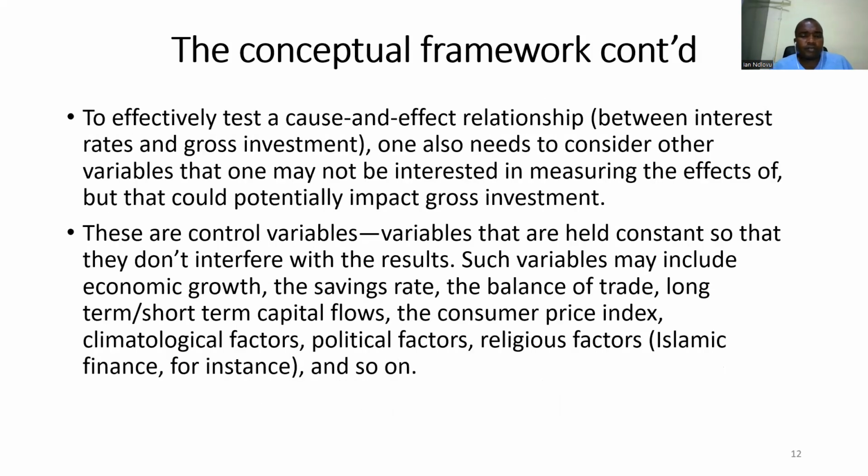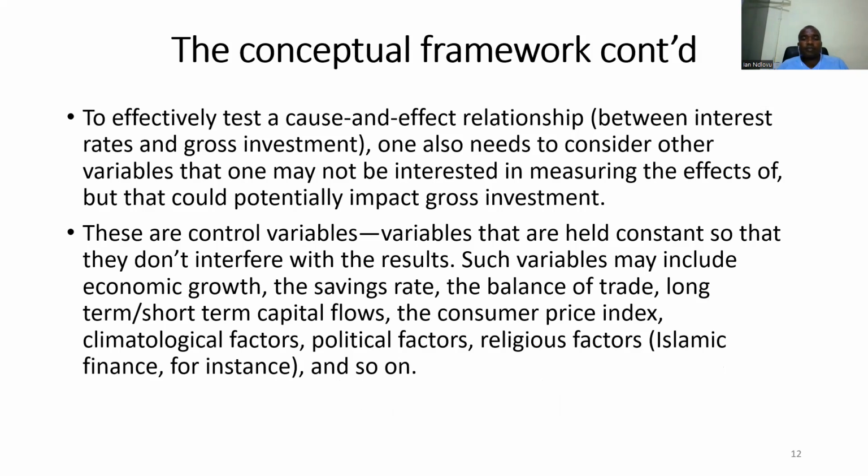To effectively test a causal relationship between the interest rates and gross investment, one also needs to consider other variables that one might not be interested in measuring the effects of, but that could potentially impact gross investment. These variables are called control variables.